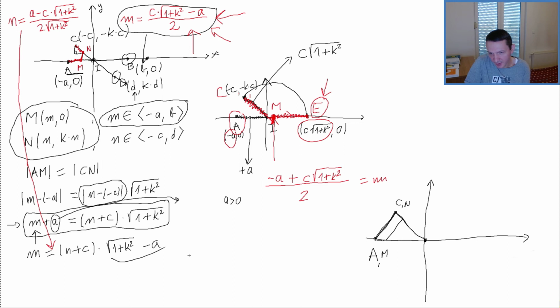Here CN is smaller, so we will reach with N here, and with M here. And we will obtain this.